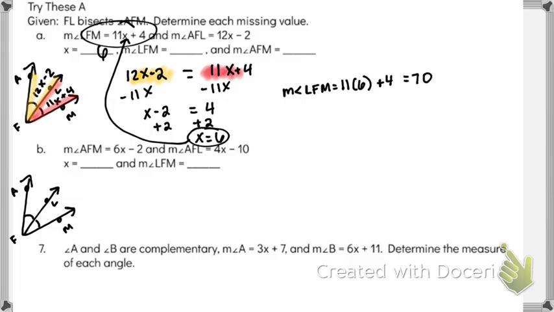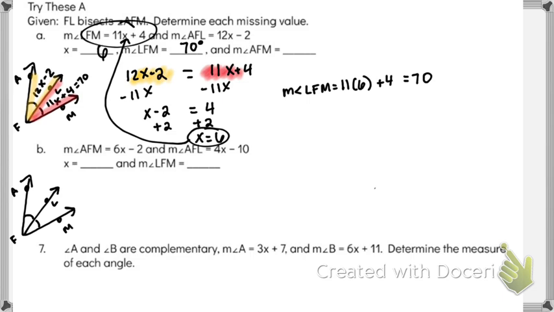Then it says to do the measure of angle AFM. Go back to your picture. LFM is going to be 70, so this part right here is 70. And think of your rules. AFL, I know I didn't do it, but if I really wanted to check my answer, I could have also put in AFL and seen if I did it correctly.